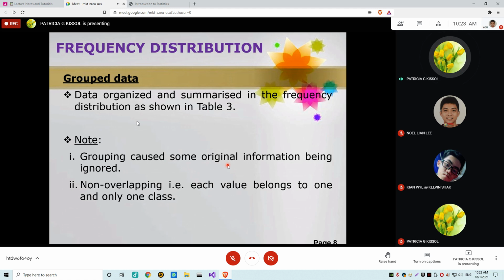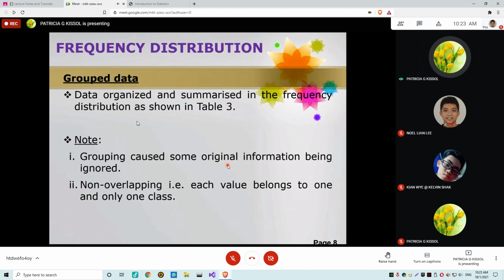One good thing though, non-overlapping. That means the data, well, it can be a good thing or it can be a bad thing. Non-overlapping means the data are categorized into its own category, so there's no overlapping.